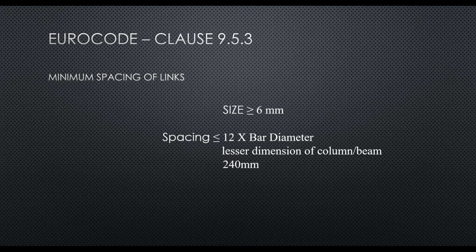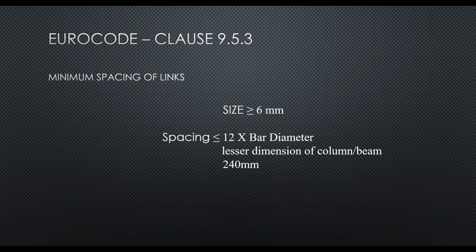So let's say you are using a diameter of 12 mm, then the spacing you must use between these links must be less than 12 times the size diameter. So for 16 mm now, the spacing must always be less than 200. Must not be more than 200.